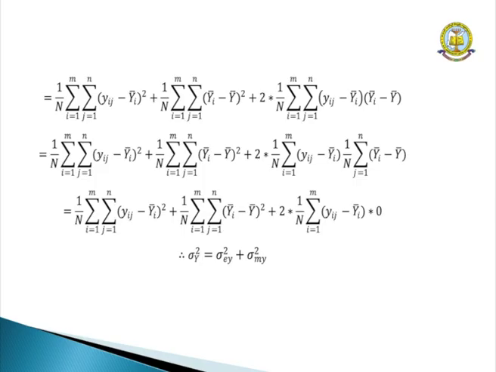Actually, we know that this value becomes 0. If I multiply the complete function, 2 into 1 by n into this function into 0, this term goes to 0. In that case, we get sigma square y is equal to sigma square ey plus sigma square my. Why am I taking the m? Because i takes the values 1 to m.